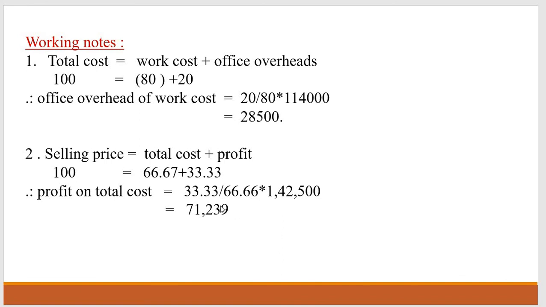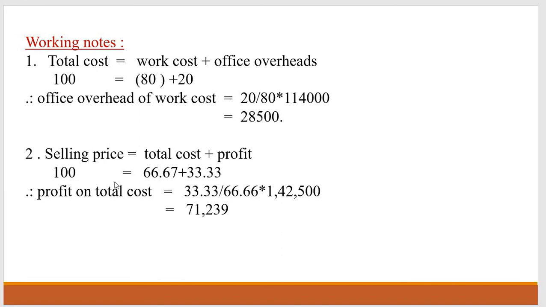So 71,239 is the profit. I repeat, selling price is equal to total cost plus profit. Selling price as 100 and profit is 33.33, so total cost is 100 minus 33.33, that is 66.67.